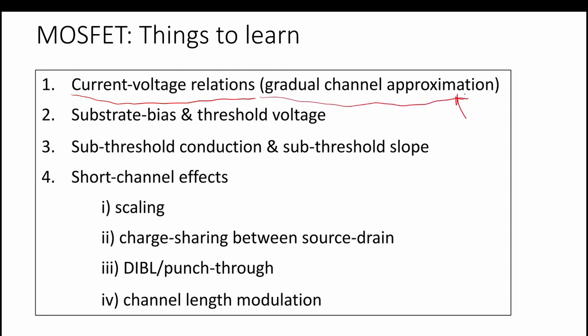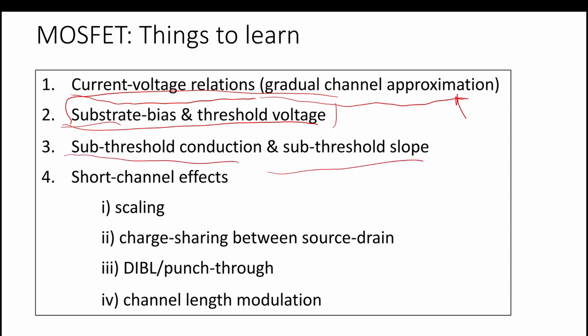Through the gradual channel approximation, we will derive the current voltage relation, and then we will see the effect of the substrate bias on the threshold voltage. We were assuming that the substrate is connected to the source only. Source and substrate are shorted and connected to the ground.